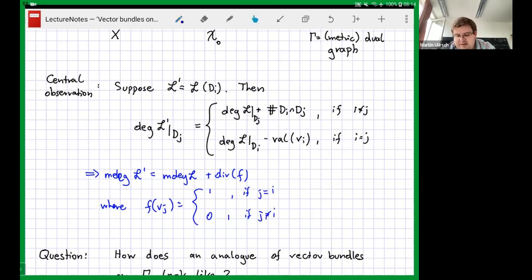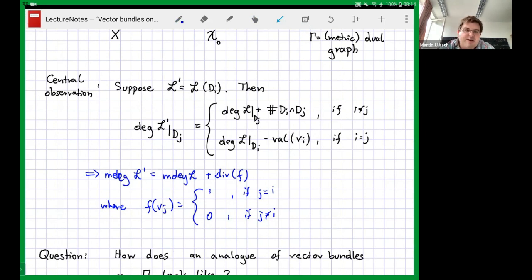So what happens? You look at this particular piecewise linear function, and at the point v_i you take the order: you have an outgoing slope of -1 at the point v_i, and you take the sum of the outgoing slopes, and that is exactly minus the valence, which corresponds to this thing over here.